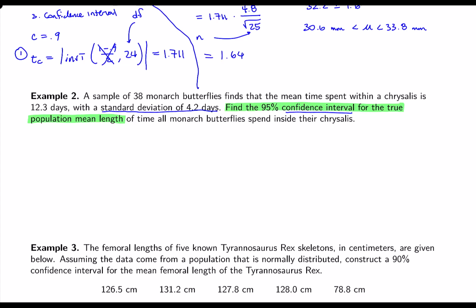So this is kind of telling us that of this sample of 38 butterflies, we have a sample mean of 12.3 days and a sample standard deviation of 4.2 days. So the population standard deviation is not known, so we're not going to use the normal distribution. We'll use the t-distribution as long as the central limit theorem thinks it's okay.